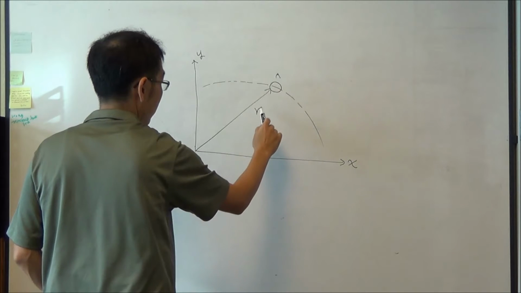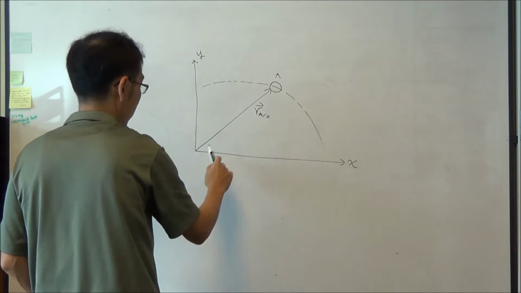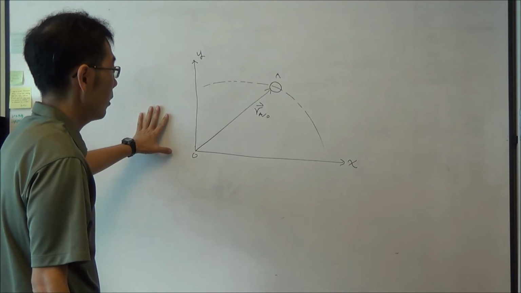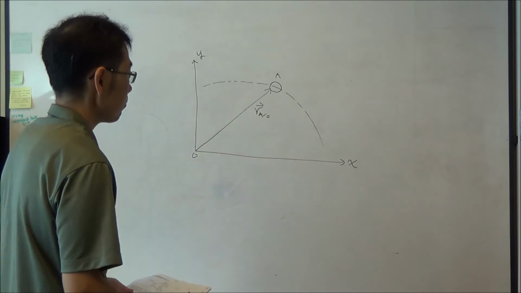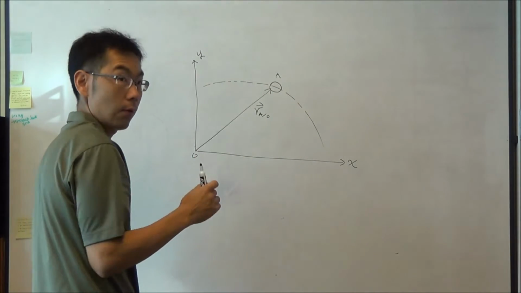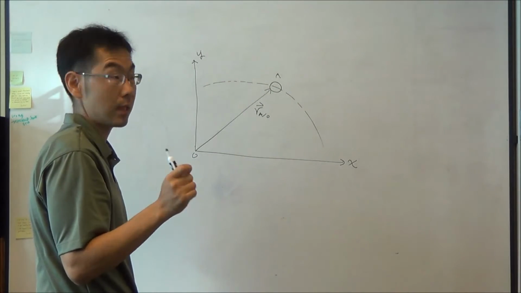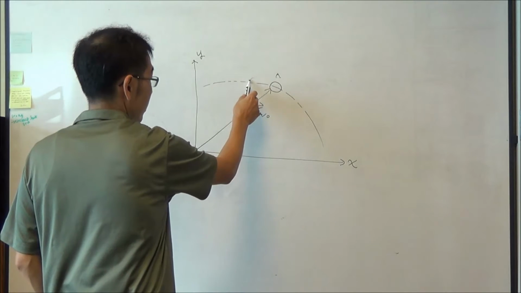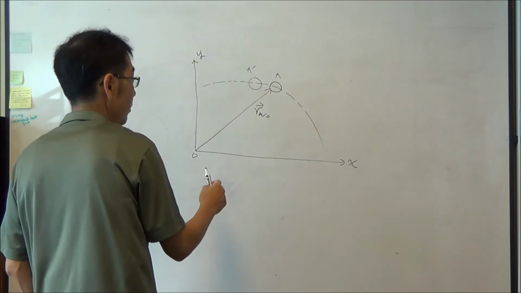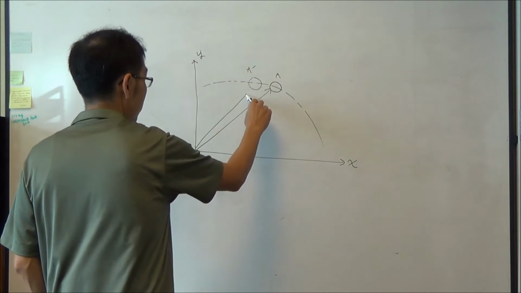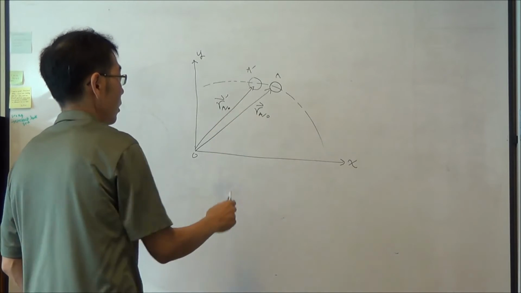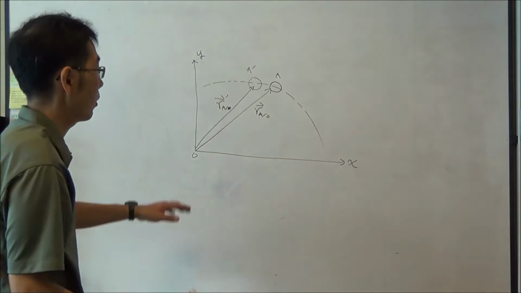Let's say this is r_A/O. And then if this one is moved over a certain period of time, so let's imagine that this one is just moved a little bit here. So let's say this is A prime, and then we can make another position vector. This is r'_A/O, A with respect to O.